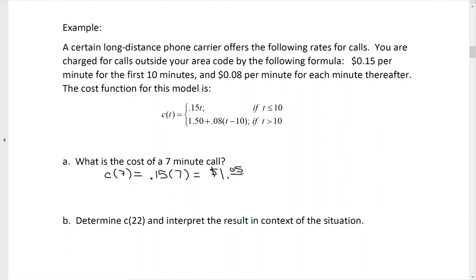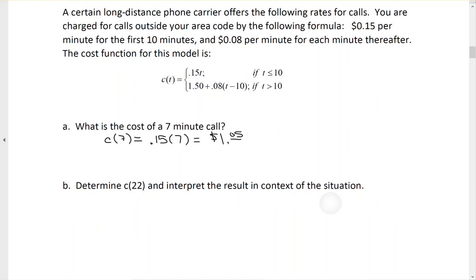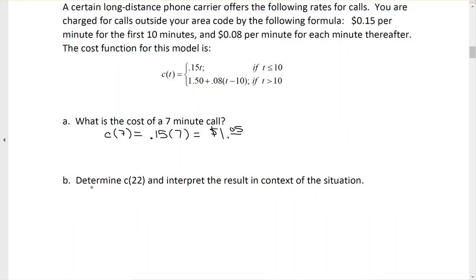And again, with money, we always round to 2 decimal places. You're not going to have to worry about that here, but if it is money, we round to 2 decimal places. Determine C of 22. So my T is 22. So again, I look right here to determine, do I plug the 22 into the top function or into the bottom piece of the function?